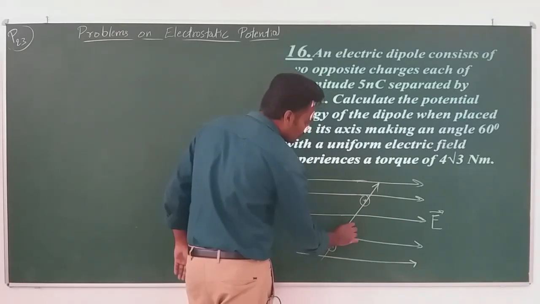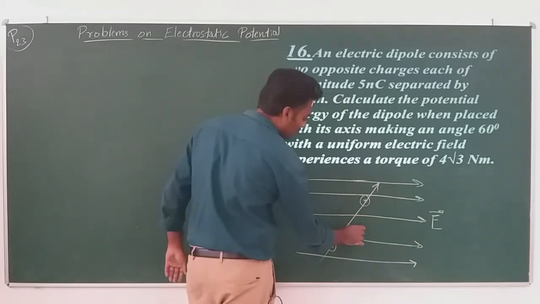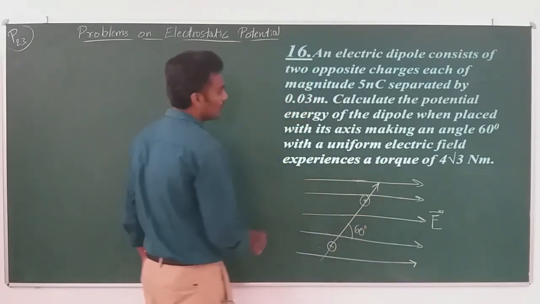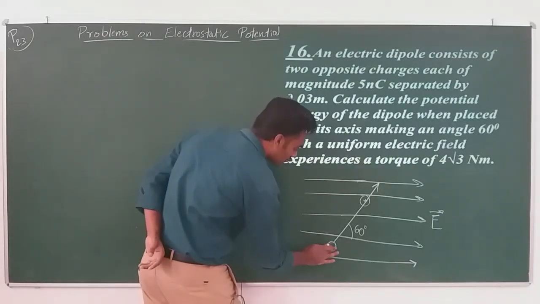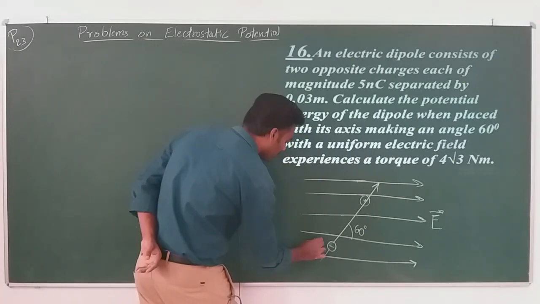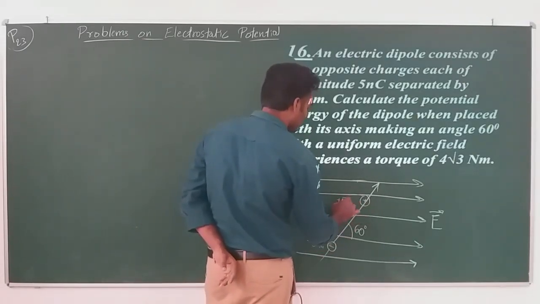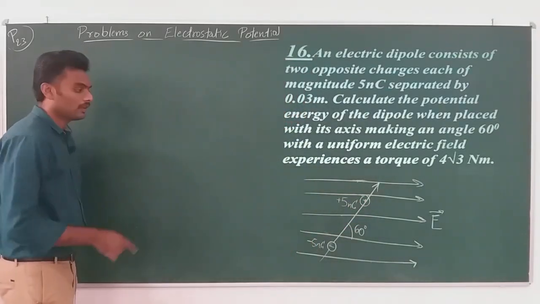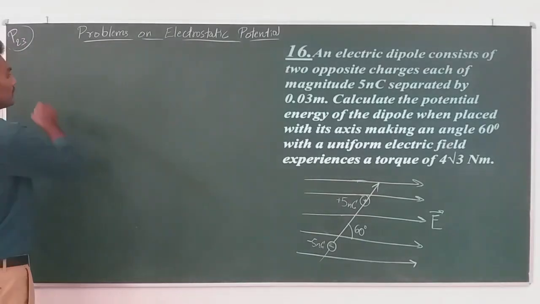And now what they have given is the angle between this axis and this electric field is 60 degree, right? The charges here are minus 5 nanocoulomb and plus 5 nanocoulomb. Okay, right, now so what is asked to find actually?